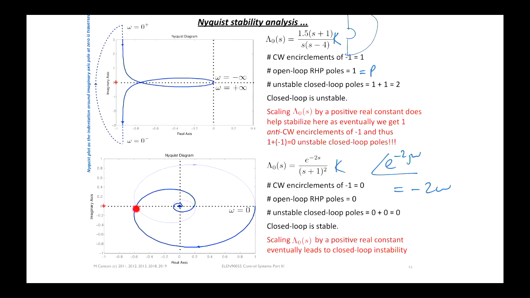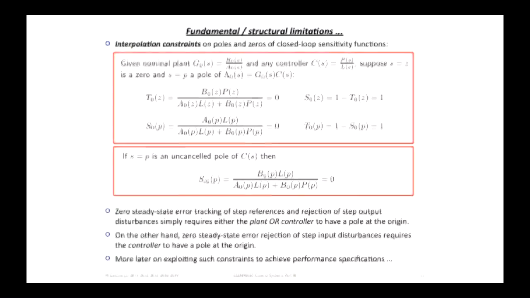Because we can't have too much gain. If we have too much gain, then the critical point will be encircled. And if we keep pumping up the gain, we'll change the number of encirclements required for closed loop stability. So we've already seen this sort of stuff before, but now we're just thinking in terms of output disturbance rejection.